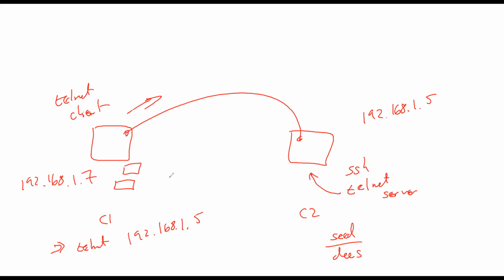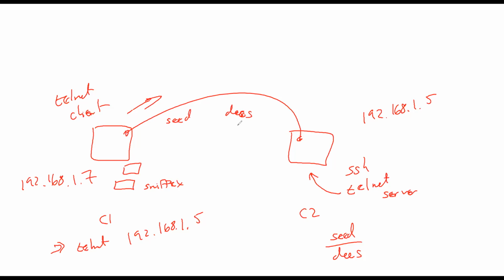Start thinking about those little things. And I'm sure you know it, but just start thinking about it. So sniffex is going to be running on here, and all you have to do is capture the password.